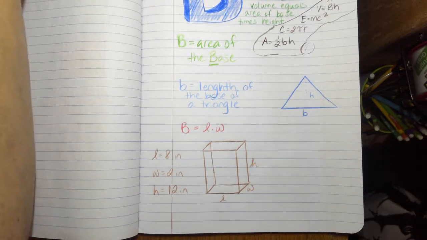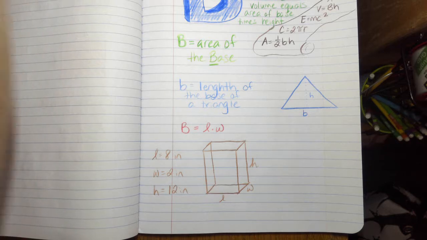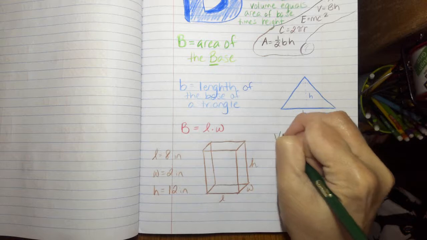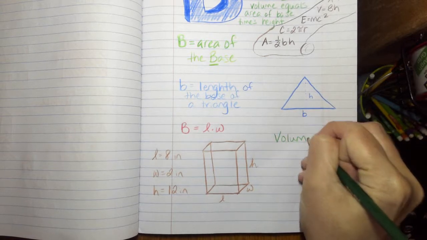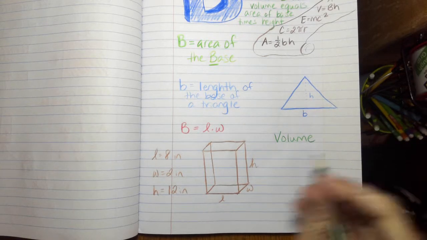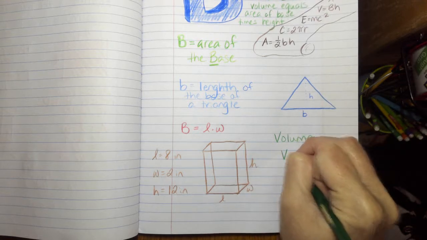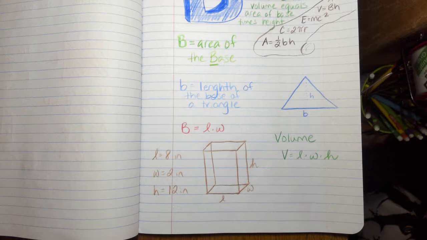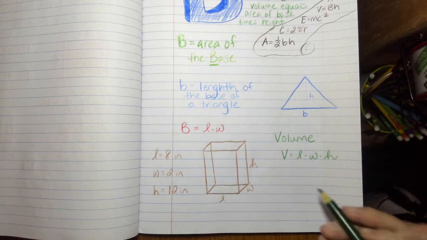If I want to know the volume of this rectangular prism, it's very natural to want to just multiply those three, length times width times height, and you'd be absolutely right to do that.